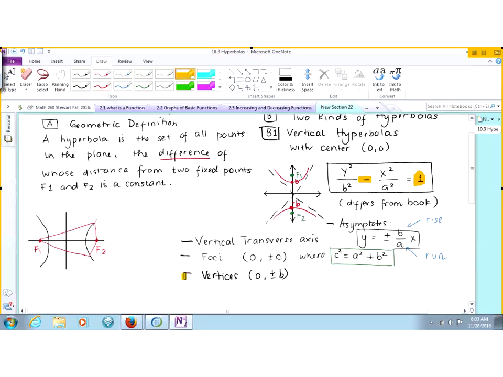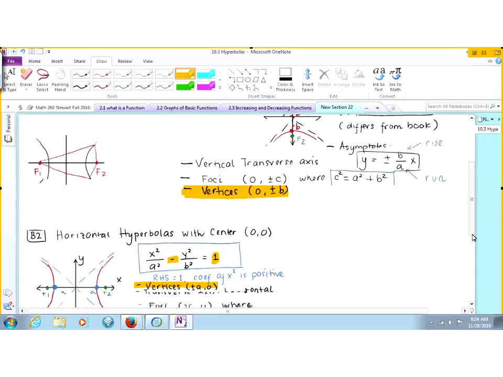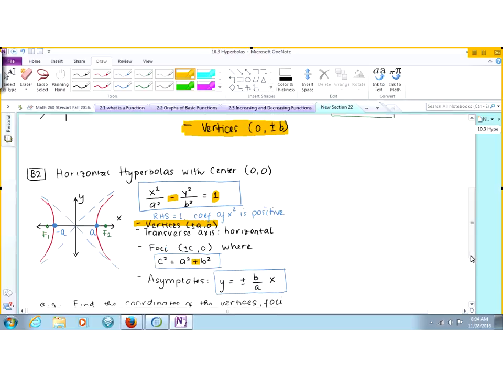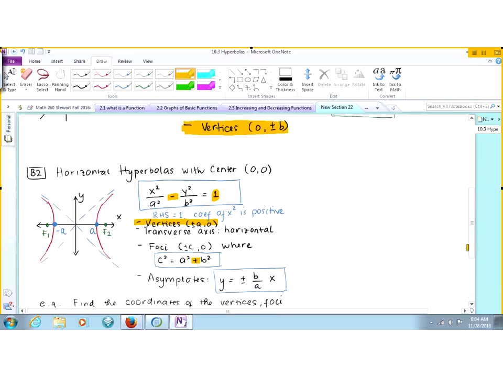This is what I just added for the previous hyperbola. So you sort of know also. Are we ready to go back? Okay. I just added this on the previous page. B1, so this is B2.